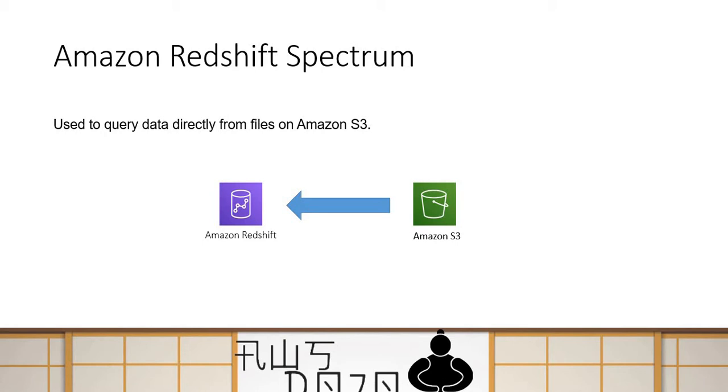But if you have some data in S3 and you want to query the S3-based data in your Redshift queries and also be able to join it with your Redshift-based tables or views, then you need to use Spectrum for making such a query all the way to S3-based data. That's exactly what Redshift Spectrum does.